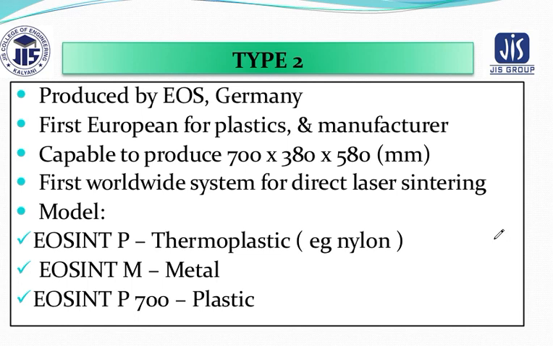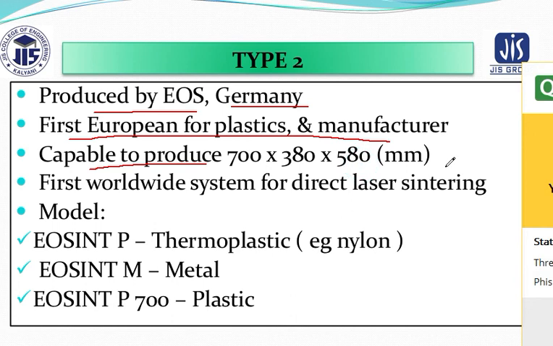Now let us have a look at the type 2 process. Basically it was produced by EOS in Germany, the first European manufacturer for plastic. The build volume provided is 700 by 380 by 580 millimeters.